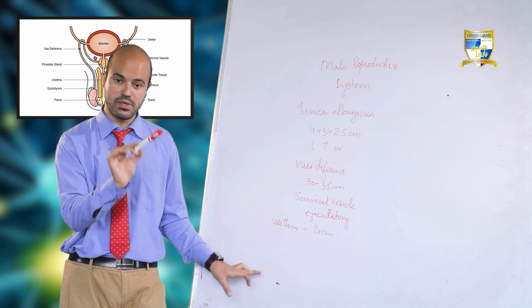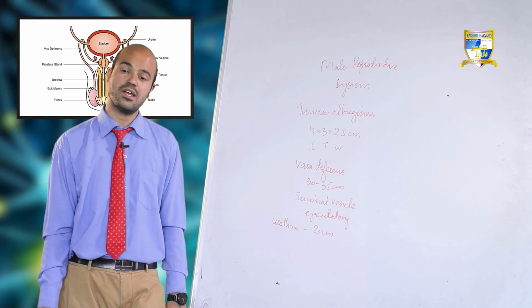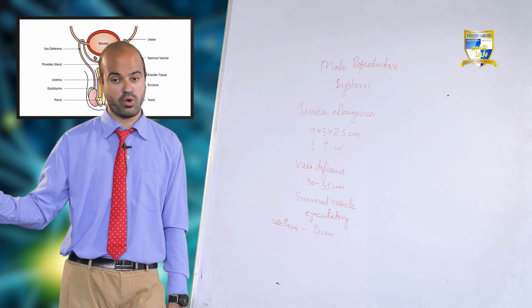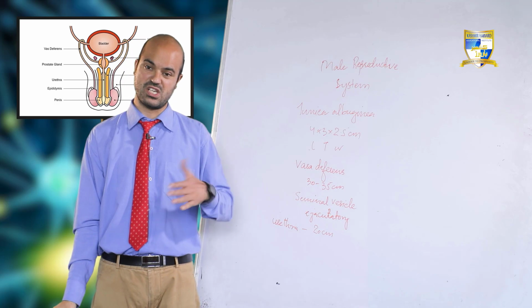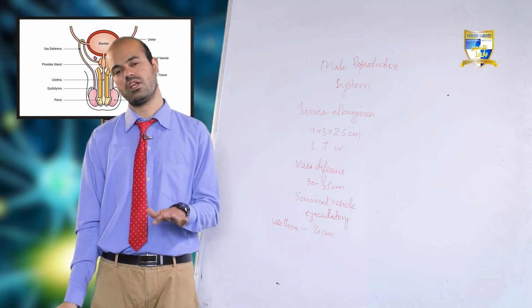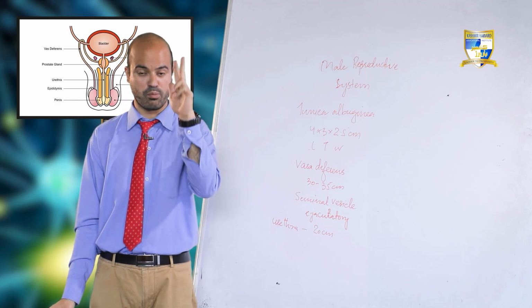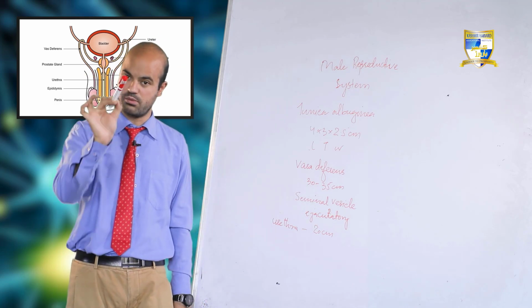This urethra moves through the penis and opens to the exterior of the body, where male gametes are discharged at the time of their discharge and urination takes place at the time of urination. Only one route for both urination as well as discharge of male gametes.